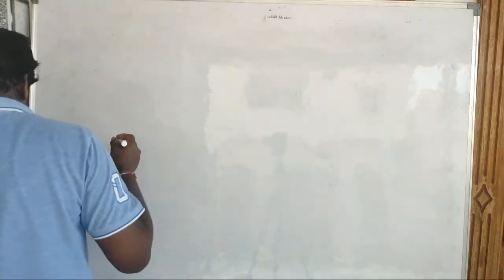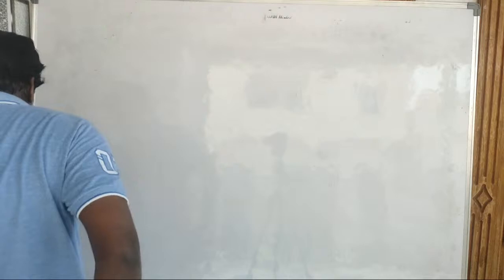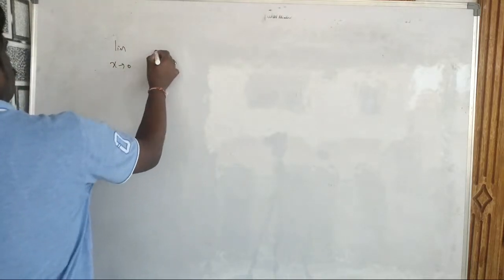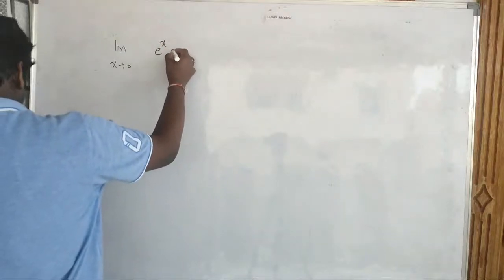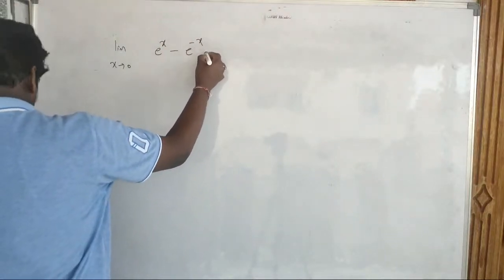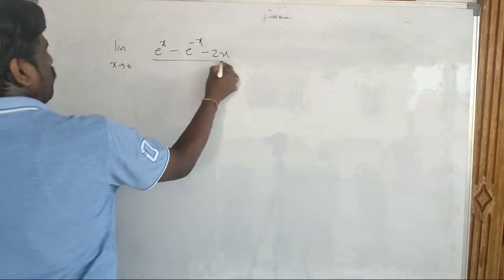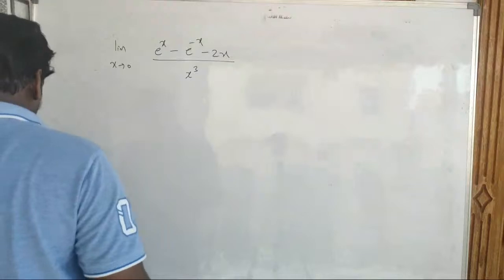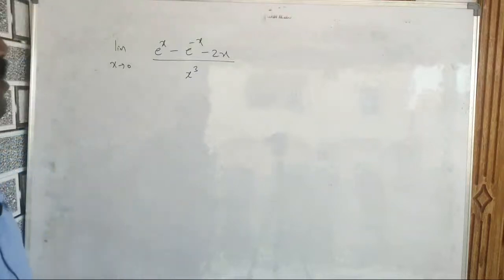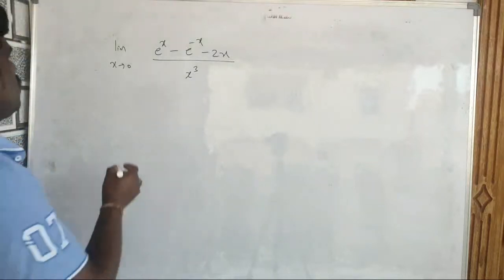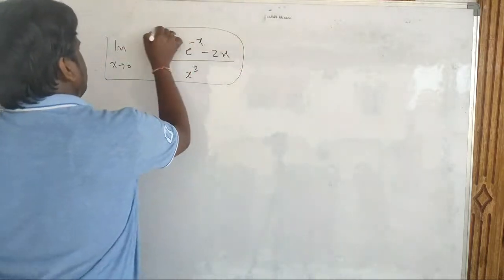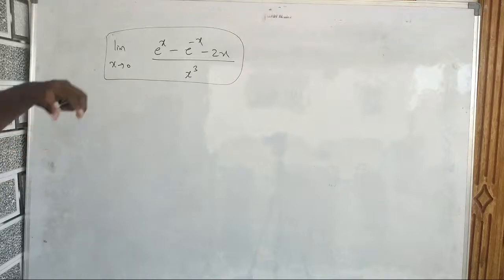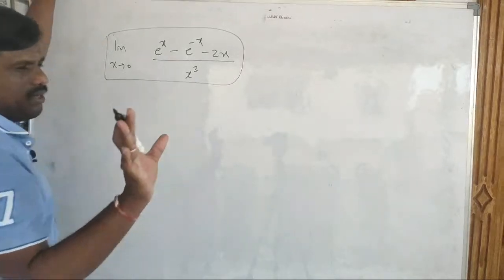Okay, now this is the question. Evaluate the limit as x tends to 0 of e power x minus e power minus x minus 2x upon x cube. This can be solved in two methods.